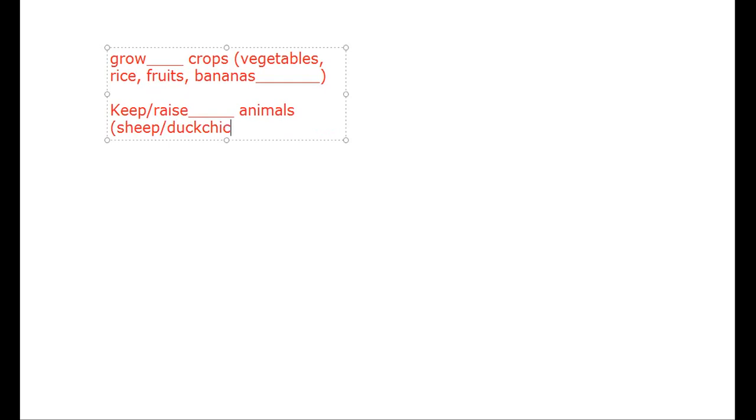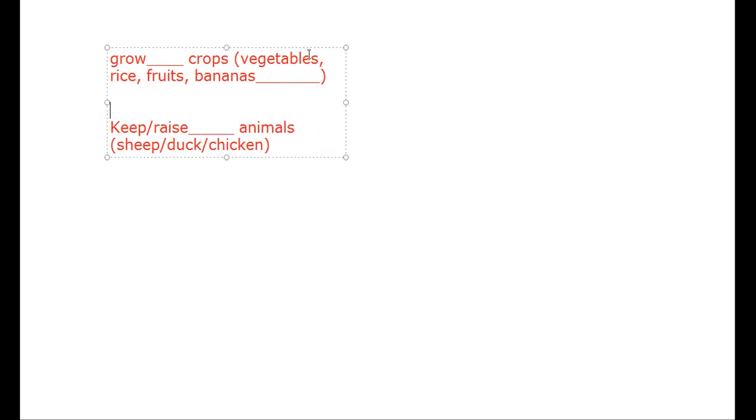So this is the difference between the two verbs. We have grow with crops like vegetables, rice, fruits, and bananas.